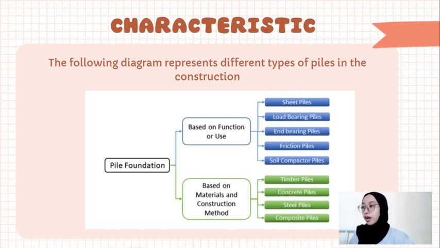There we have 5 types of piles, which are sheet piles, load-bearing piles, end-bearing piles, friction piles, and soil compactor piles. Meanwhile, for the pile foundation based on material and construction method, we have 4 types, which are timber piles, concrete piles, steel piles, and composite piles.